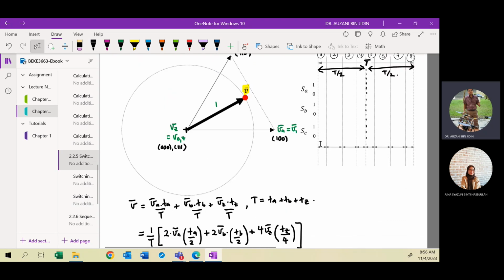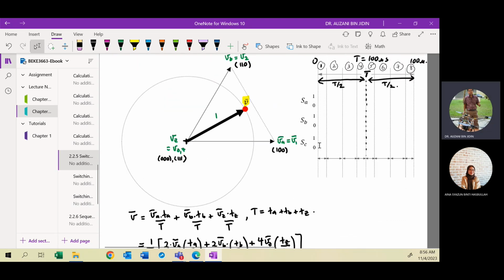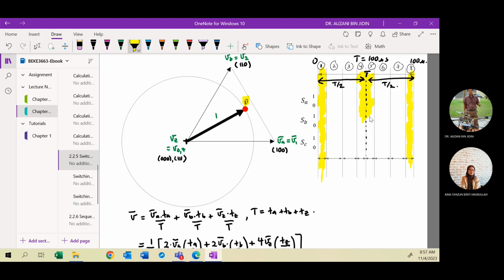Based on the equation here, the principle to switch the vectors, we call this approach the symmetrical approach. The first interval, the 8th interval, and intervals number 4 and 5, during these intervals you have to select the zero vector.